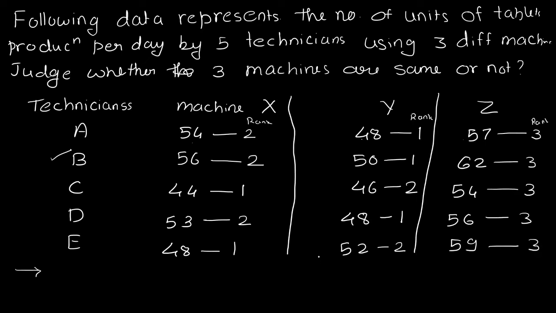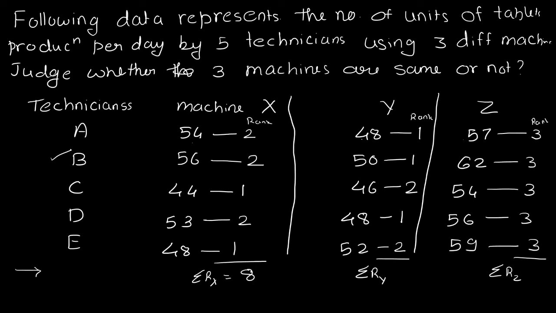So if we see, all the data have been allotted the ranks. Now I will just add those ranks, that is summation R. Rx it will be. Okay, then here summation Ry, and in this case it will be summation Rz. So if we see, it will be 2 plus 2, 4, 5, 6, 7, 8.